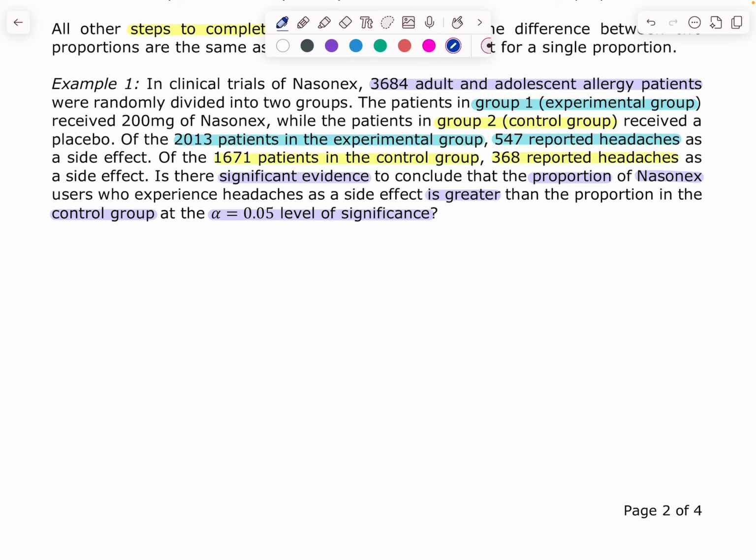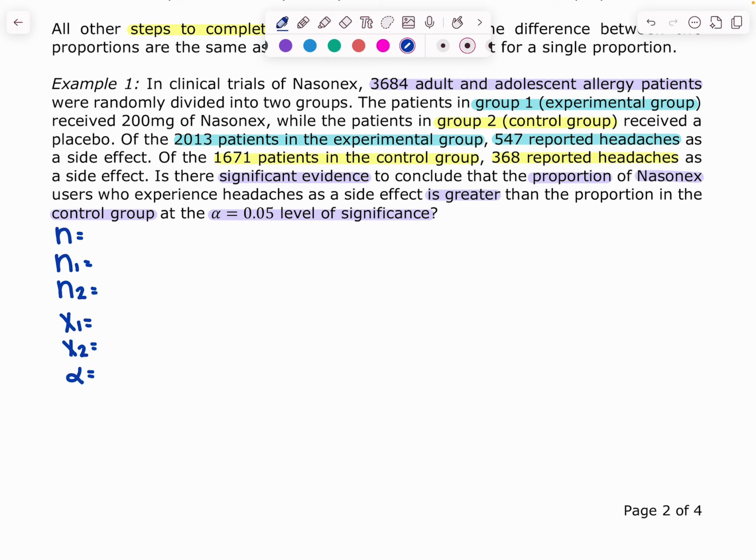Lots of things to unpack here. So we have an overall, oh, let me make my pen bigger. We have an overall N. We have N1, N2, X1, X2, and alpha.